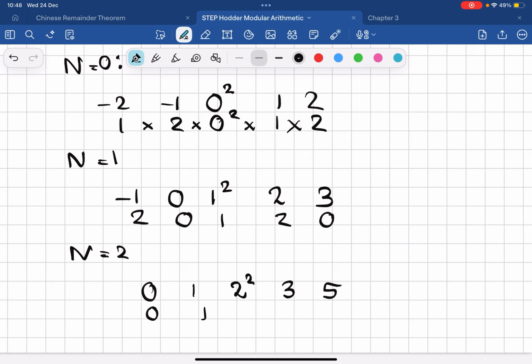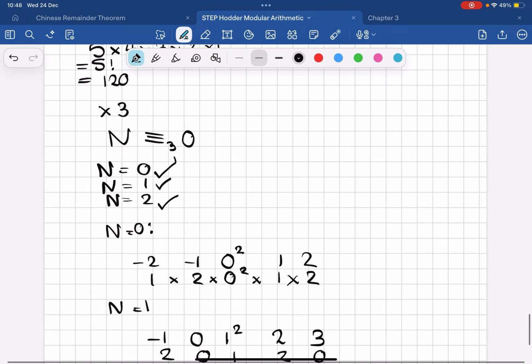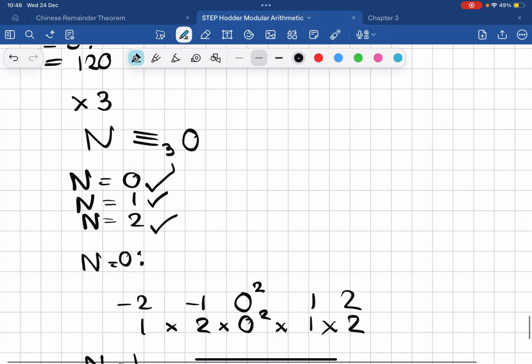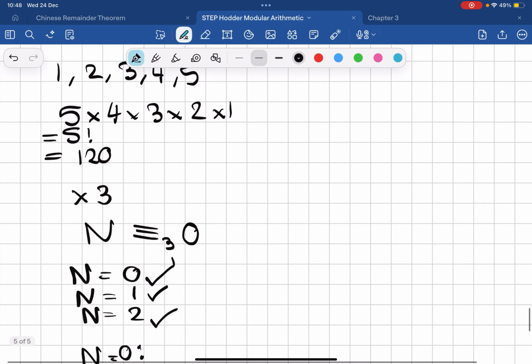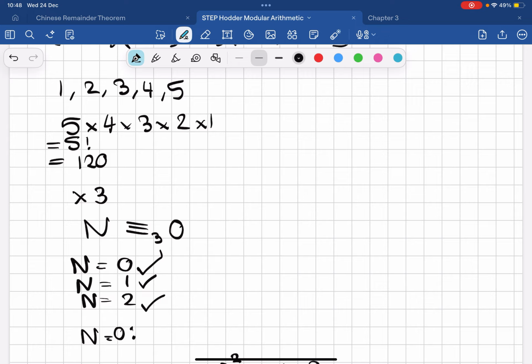We've got 0, 1, 2 squared, mod 3 is congruent to 1, 3 is congruent to 0, 4 is congruent to 1, we've got 2 zeros. Again, this checks out. So now we've shown that this expression is also divisible by 3 as well as 120. So 3 times 120 is 360. That is this question done.